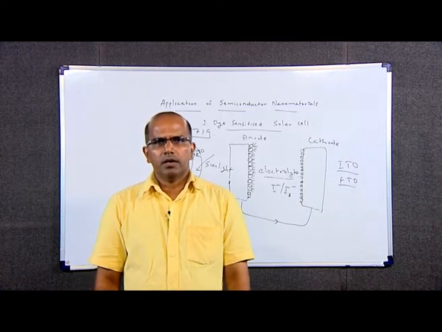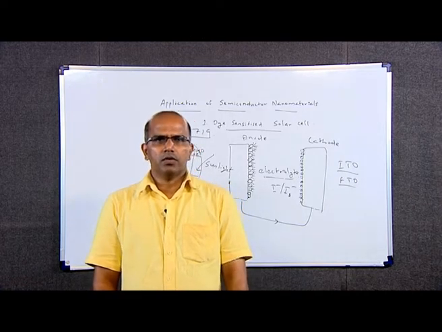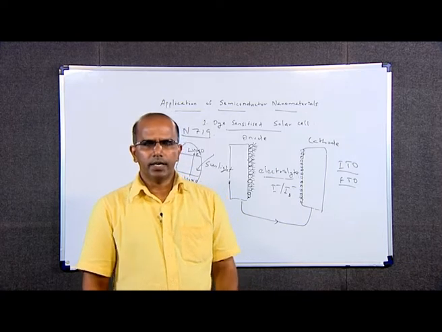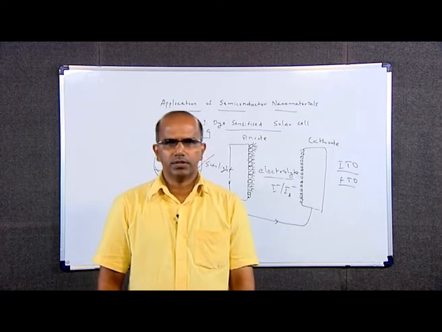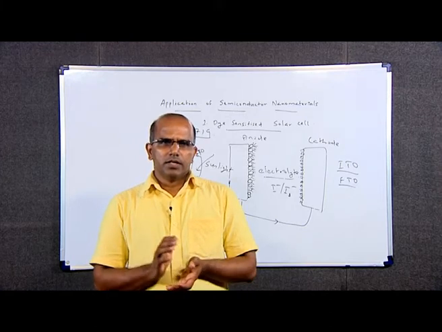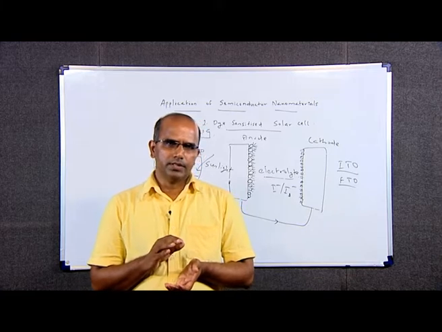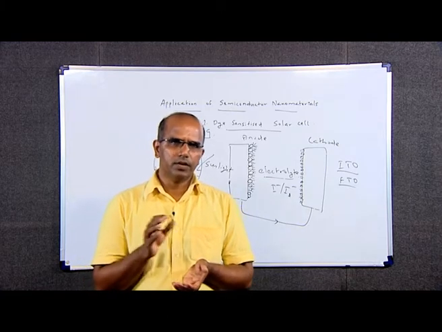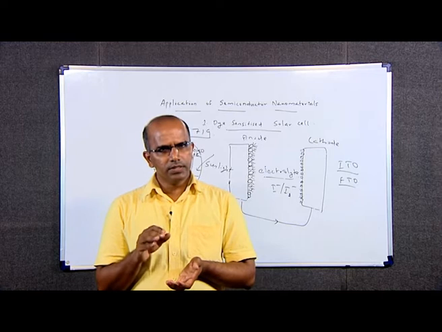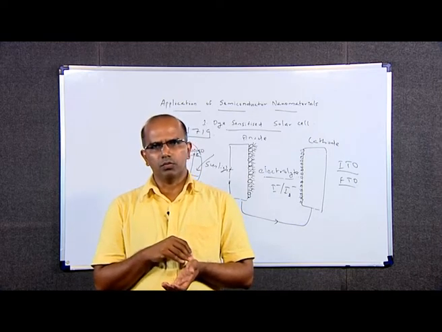The first point: the absorption spectra of the dye should cover the visible region and even part of the near infrared region, because we are exciting the electron by using the sunlight. When the sunlight falls upon the dye, it will eject electron from the HOMO to the LUMO.